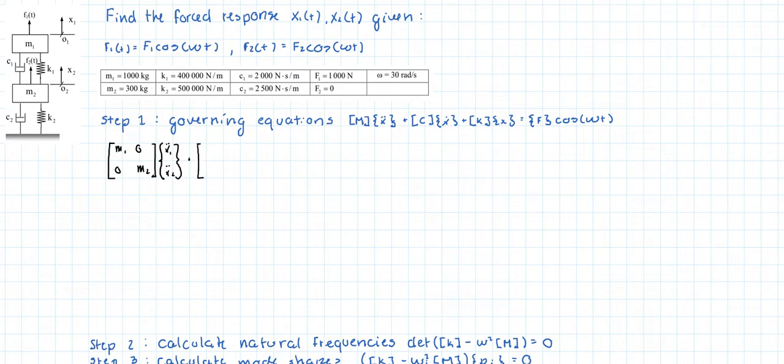Mass number 1 only has C1. It's symmetrical, so we get this value easily. And then we have C1 and C2 attached to the second mass. And then the same thing for the stiffness matrix.